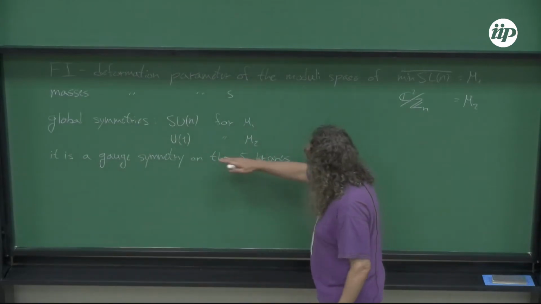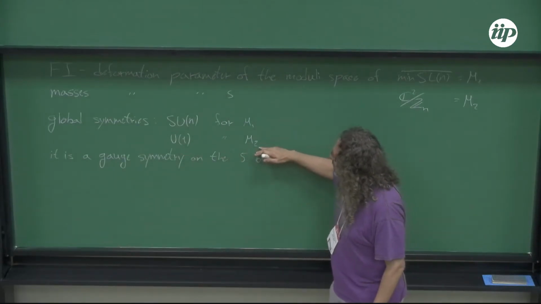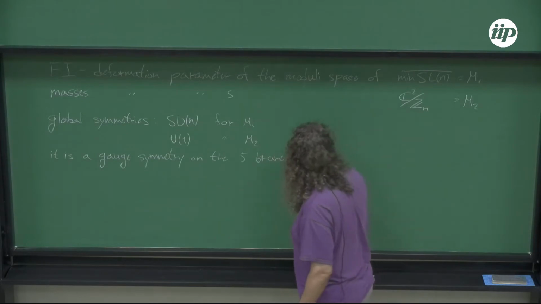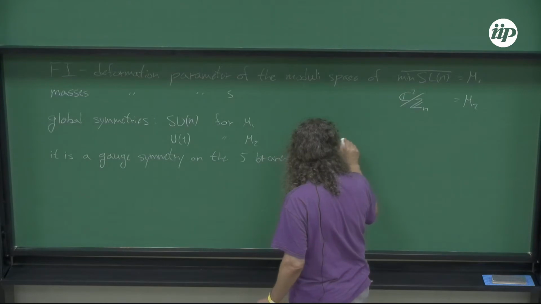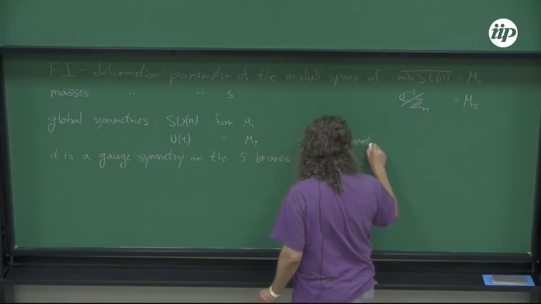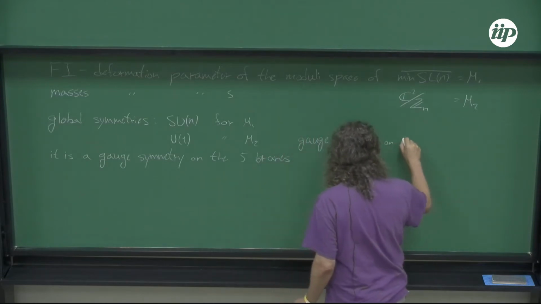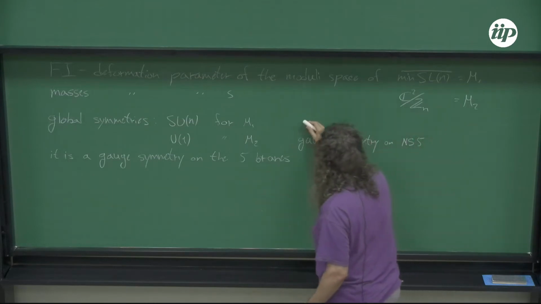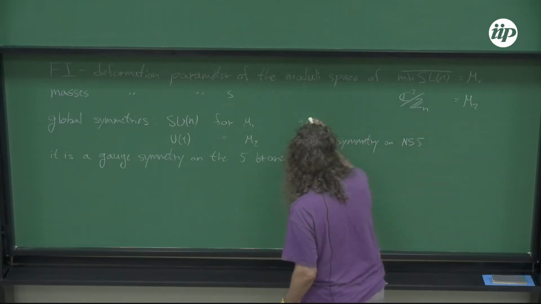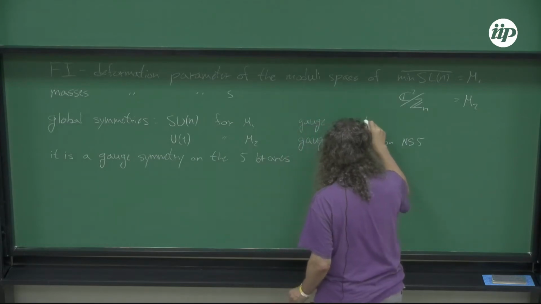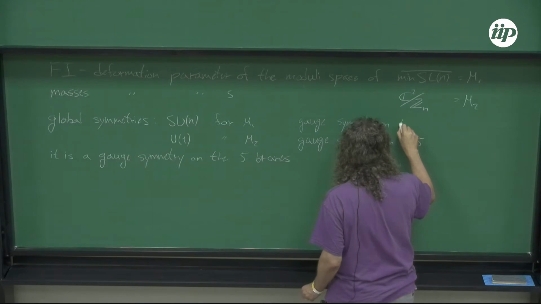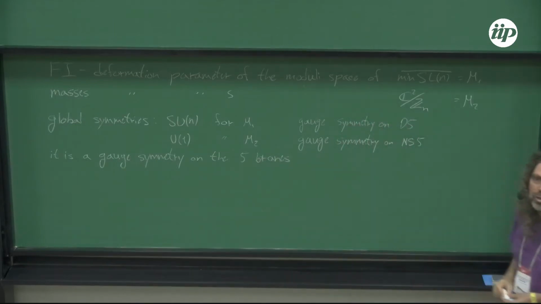So this is a symmetry on the NS5 brane, and this is the gauge symmetry on D5. Any question about this point? Does it address your concern about the Fayet-Iliopoulos term?